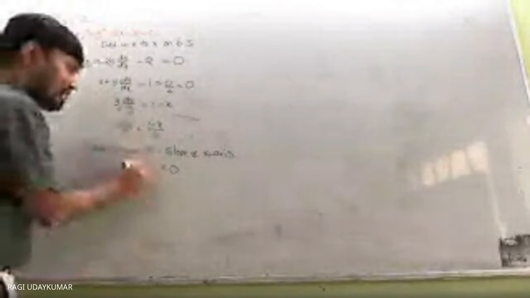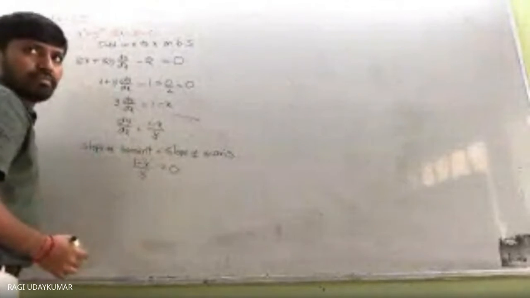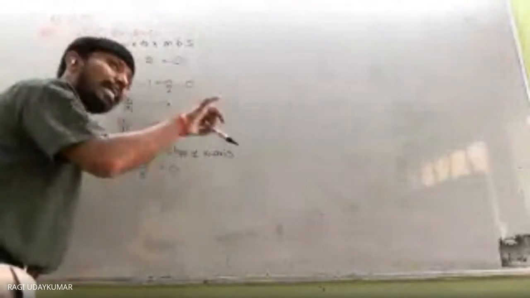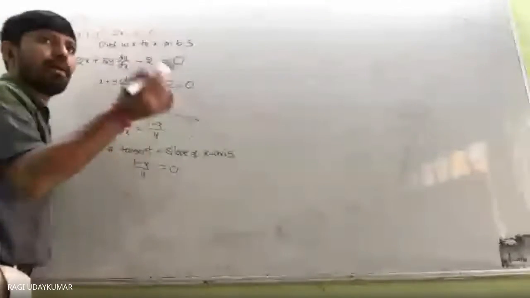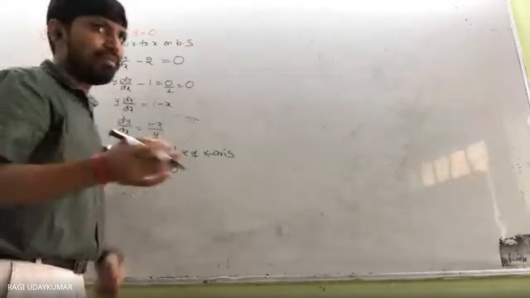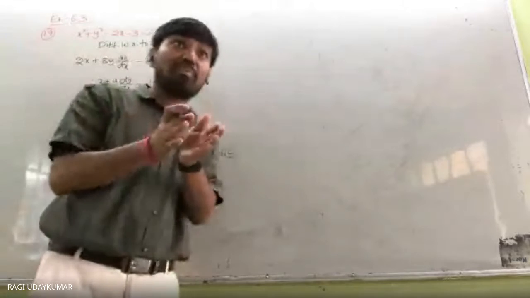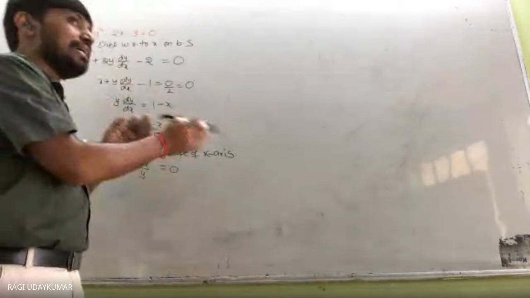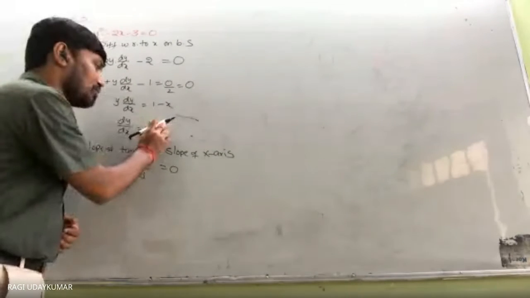So dy by dx, 1 minus x by y, is equal to 0. Actually it is not directly 1 minus x by y; at a particular point we have to take a comma b. Suppose we take a comma b. At that particular point a comma b, the tangent is parallel to the x-axis. So here we substitute.